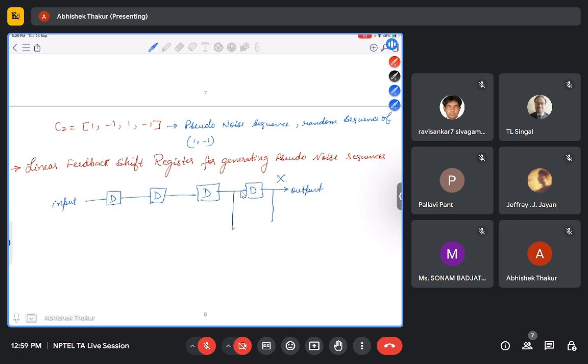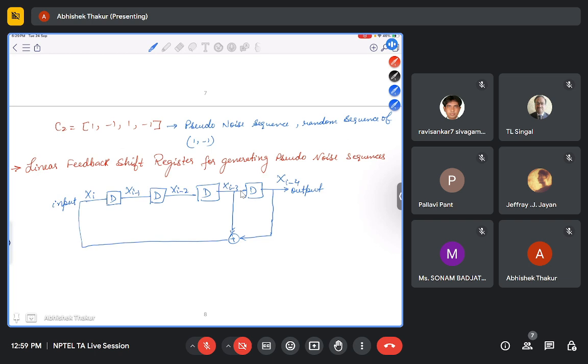This feedback is an XOR of the third delay unit and the final output unit. Let's suppose this is our xi, so this is xi minus 1, xi minus 2, and xi minus 3, and the output will be xi minus 4.